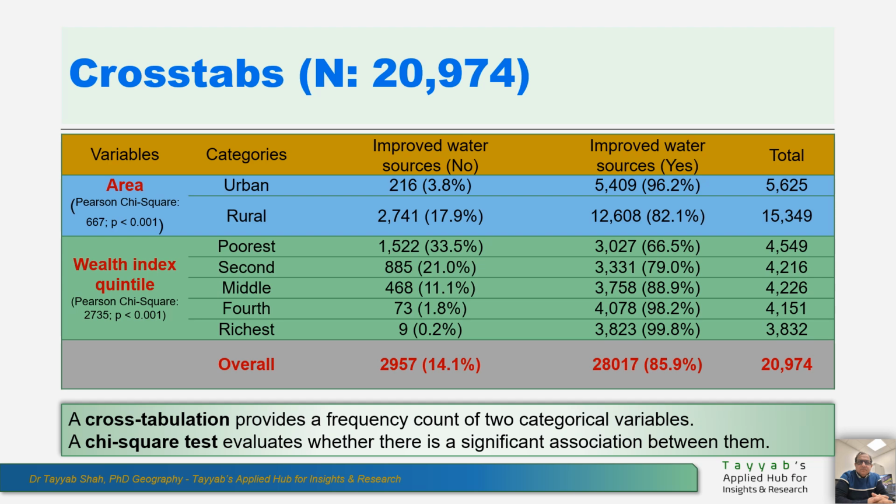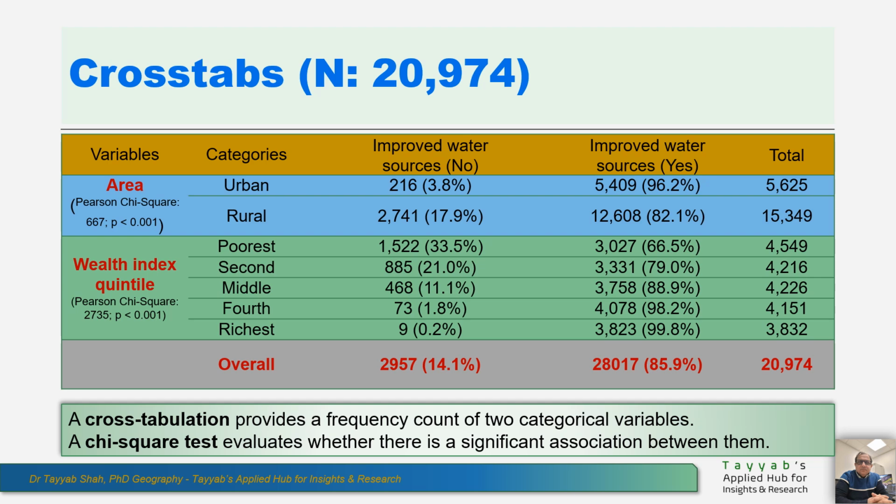The whole number of households is divided within those categories, by whether they have access to improved water sources, yes or no. You can see the percentage of households within each category calculated. This is the data I'm going to use to build the concept.